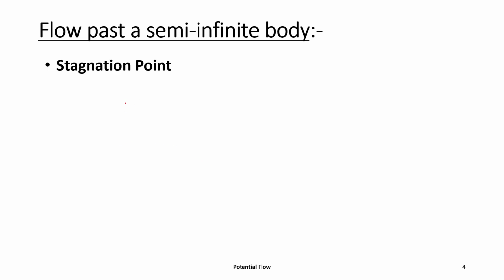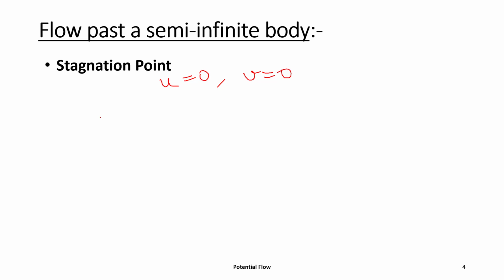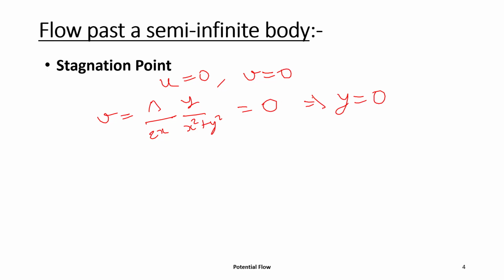So now we have to find where is the stagnation point. So at stagnation point, velocity U equal to 0 and V equal to 0. So in this formula, we see that V equals lambda upon 2 pi, y upon x square plus y square. So for it to be 0, it is only possible when y equal to 0.